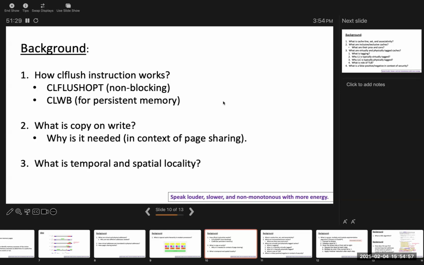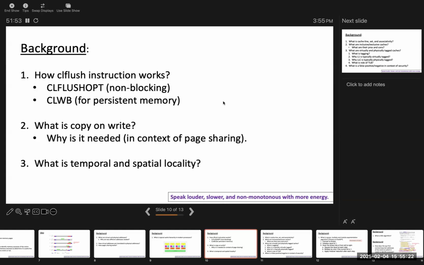CLWB, cache line write back, is another variant which is used in persistent memory designs, where you want your data block to be written down into the memory, but you don't want it to be evicted from the cache hierarchy. So your cache blocks, your data, still stay here, but the memory is updated.